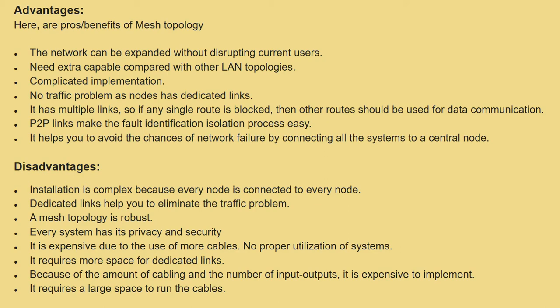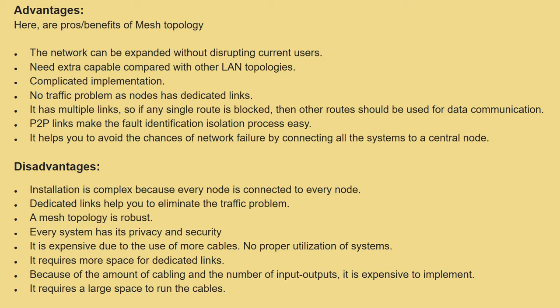It has multiple links, so if any single route is blocked, then other routes can be used for data communication. Means if one link breaks, no problem. In another route, the data is passed from one node to another node. Then point-to-point links make fault identification and isolation easy. So we get this type of advantages from mesh topology.